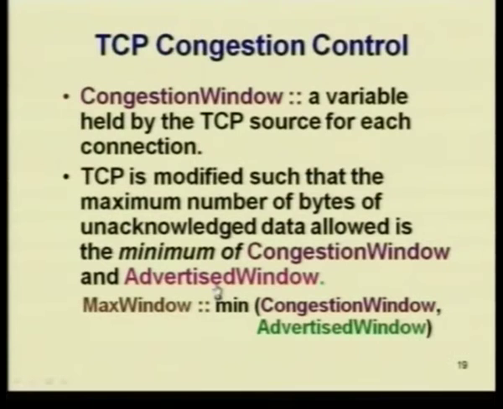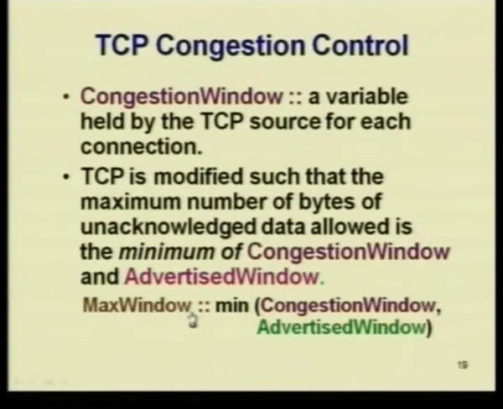Normally, with flow control, we will not allow more than the advertised window amount of unacknowledged data. But now we calculate something called a max window, which is the minimum of congestion window and advertised window. So if advertised window says 10 and congestion window says 5, then your max window would be determined by the minimum of the two, which is 5, based on the congestion window.